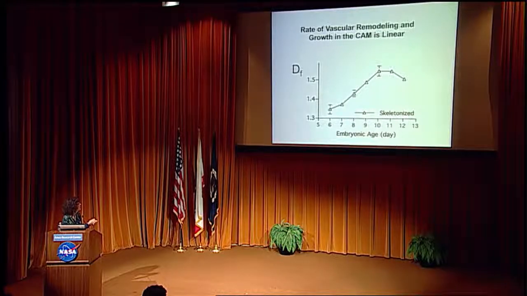You see here that the growth pattern of the vessels is indeed linear during that developmental window. And this really is an exponential phenomenon analogous to talks we heard in our own space biology last week, in which the growth rates of microbes and cells also display a linear pattern of growth because the rate of change is dependent on the current state of the system.